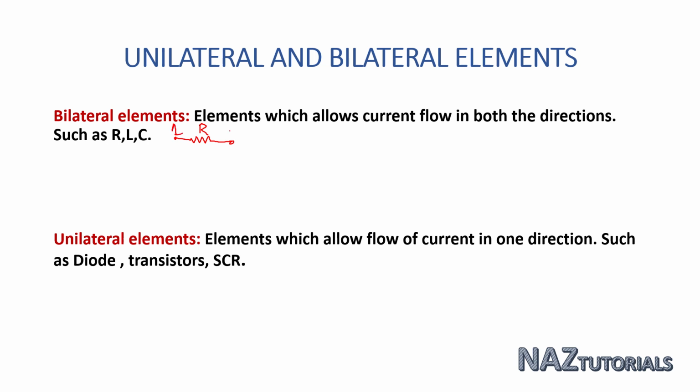If you see the element resistor, you can say this is the resistor R. This is terminal 1 and this is terminal 2. A DC voltage V is connected to terminals 1 and 2.